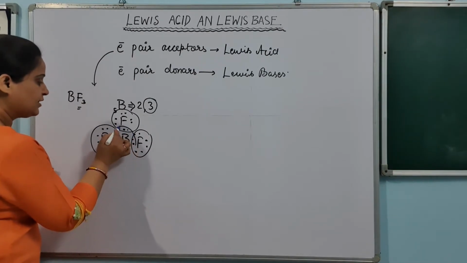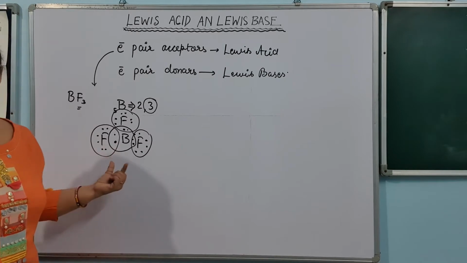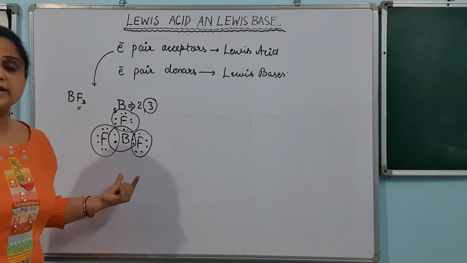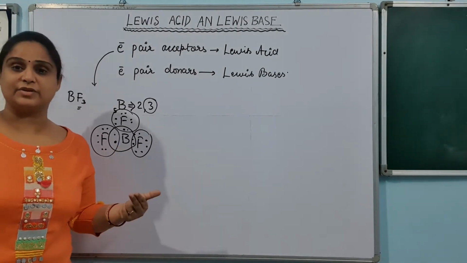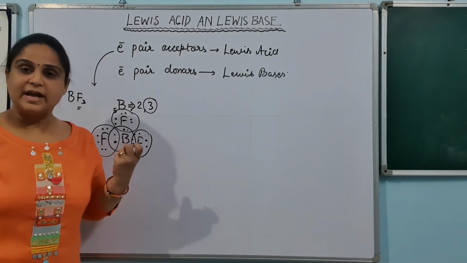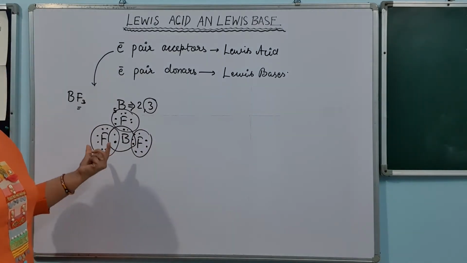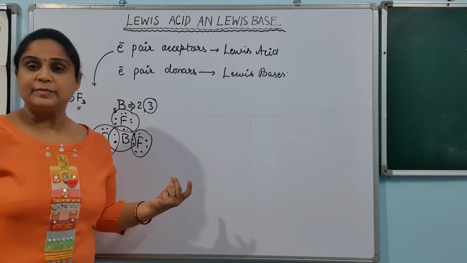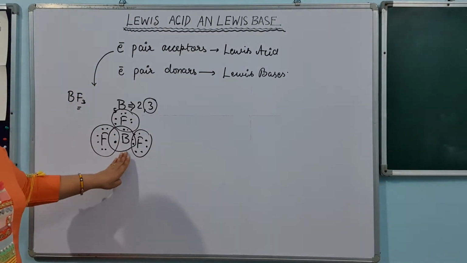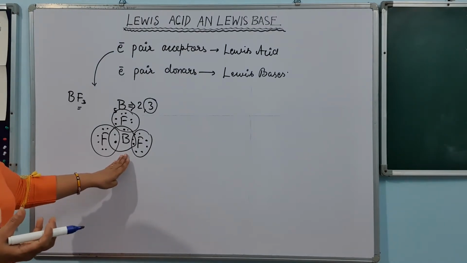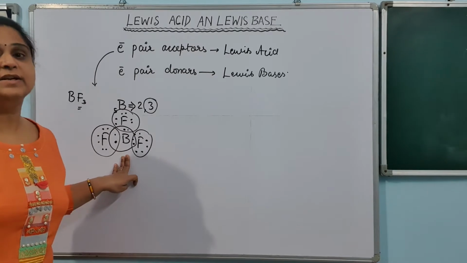If we look at the boron outermost shell, there are only 6 electrons. If there are only 6 electrons, how is it possible for boron to exist for a longer time? So it will have a tendency to accept a lone pair of electrons because of the presence of empty orbitals. These empty orbitals, which do not have a lone pair of electrons, are responsible for the attraction towards the lone pair.